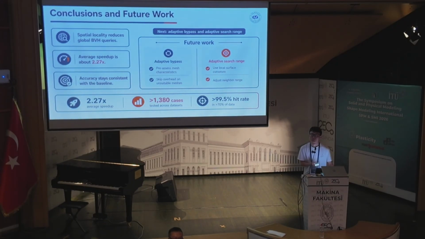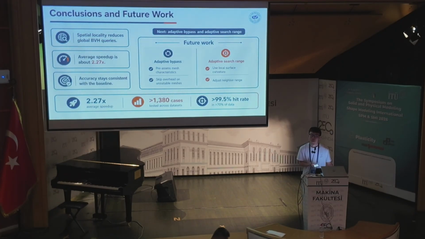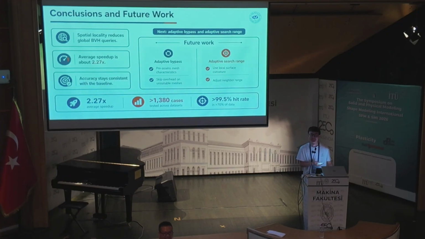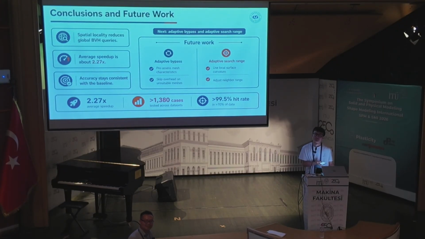How does that translate to the actual time speed up, about twice? Sorry, for your central question, can we discuss it in the after session? My second question, is it possible to combine this with GPU?